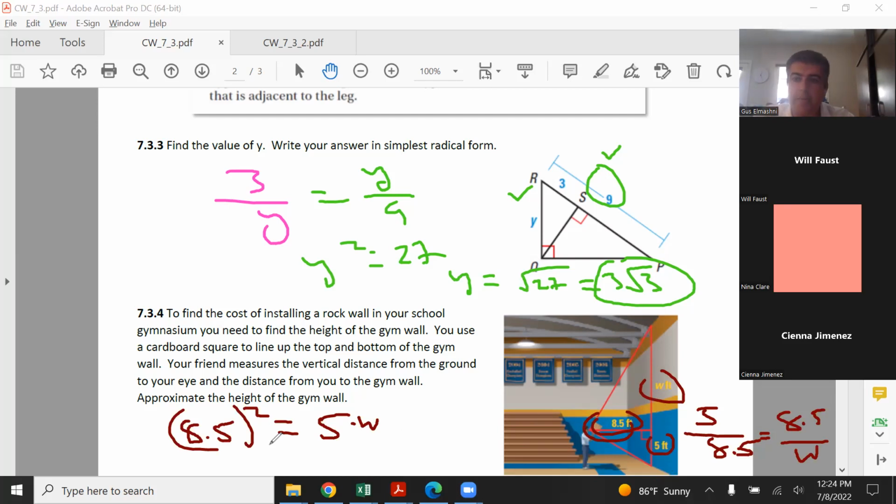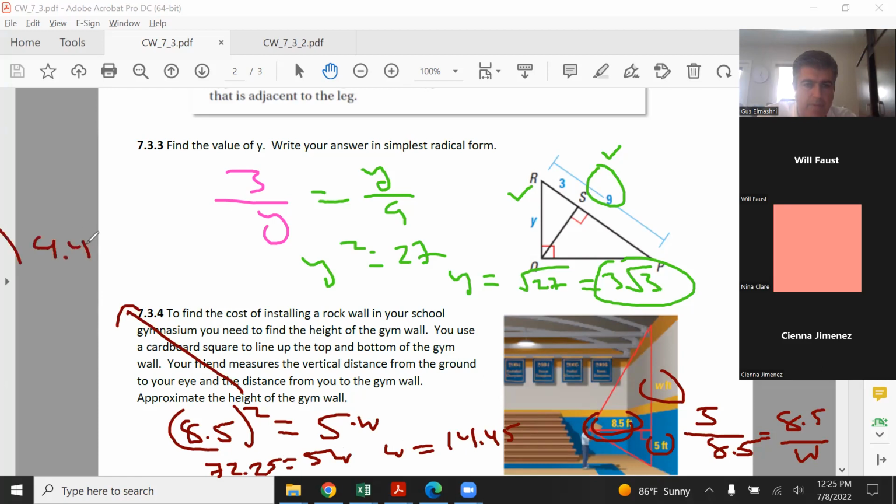And then you can solve for W. So it'll be 72.25 divided by 5, you should get 14.45. So the height of the gym wall is going to be 19.45 feet.